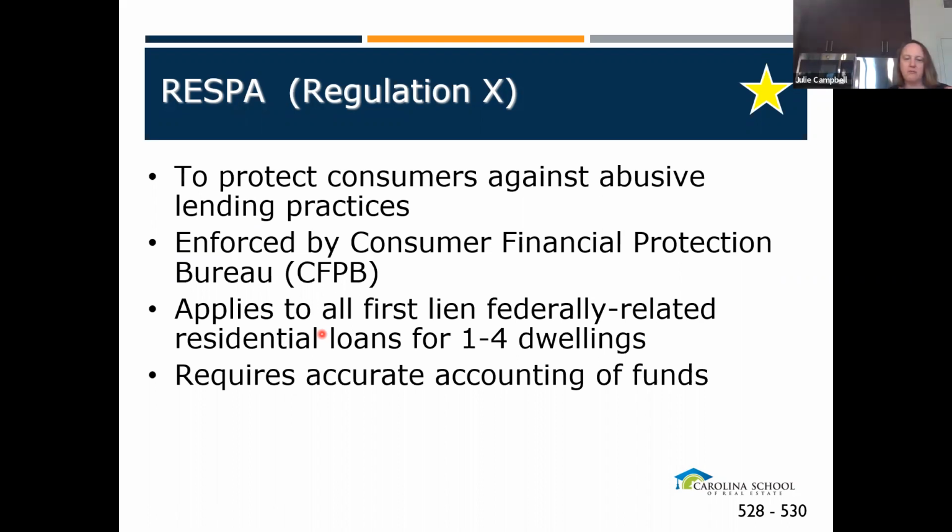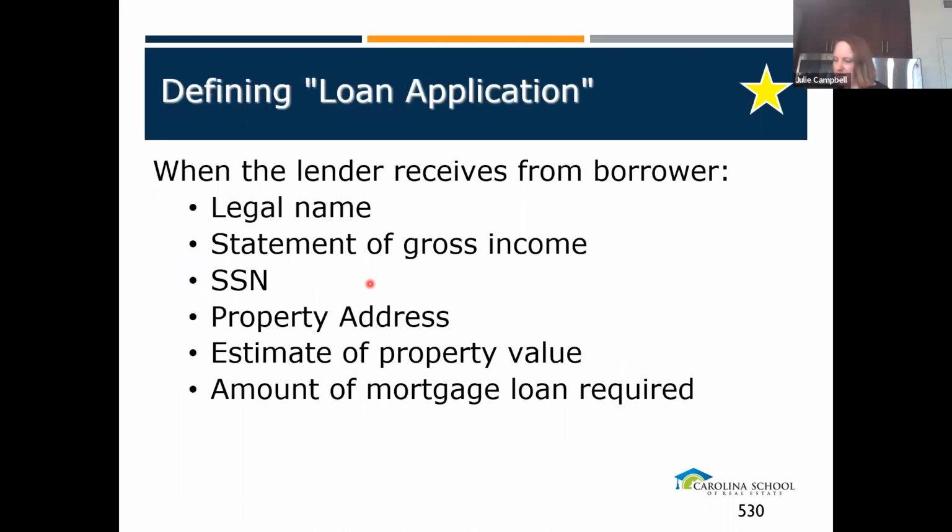So look with me, if you will, at page 530. This is what we were talking about when we first started class today, when we were talking about the loan application. The loan application is considered received when the lender receives three pieces of information about the person or people and three pieces of information about the property.